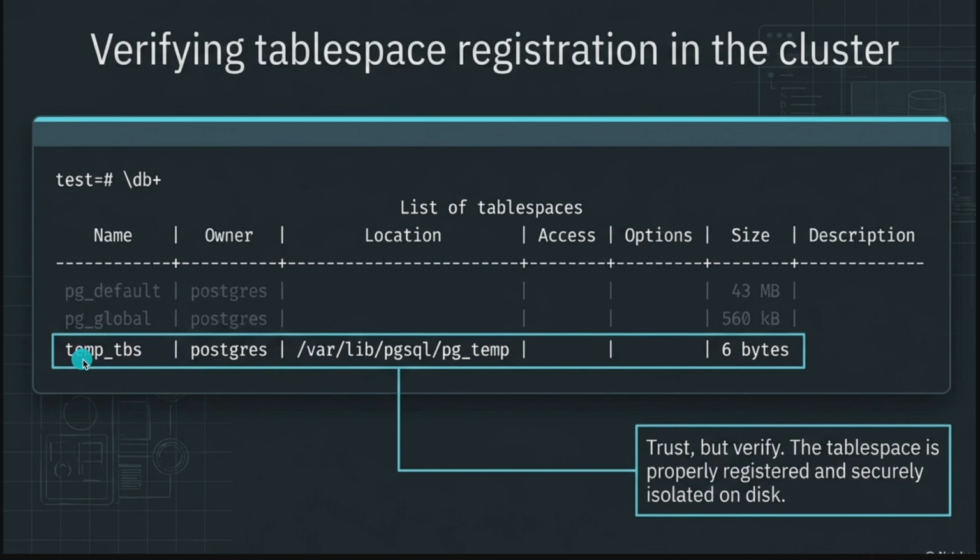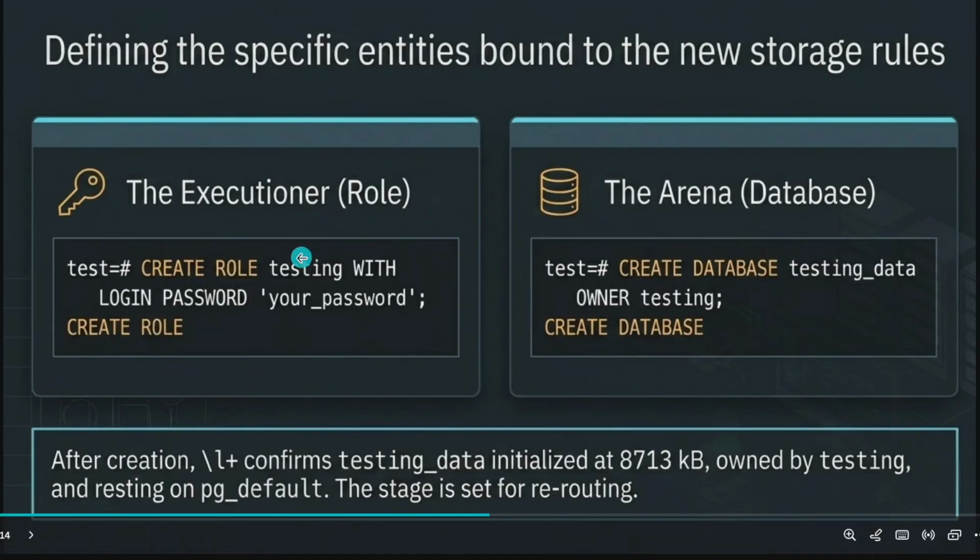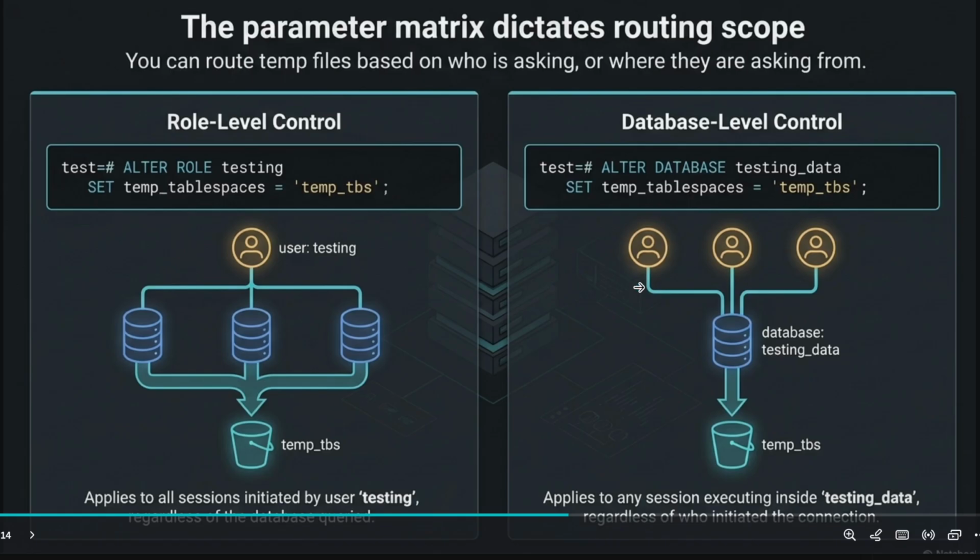Here you can see our non-default table space, with the directory location, the table space name, and the owner of the table space. You also have to create a user and assign it at the database level. You can get the details by using the \l+ command, where you can see who the database owner is.